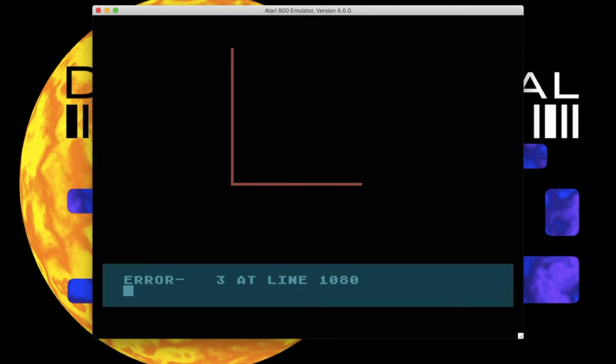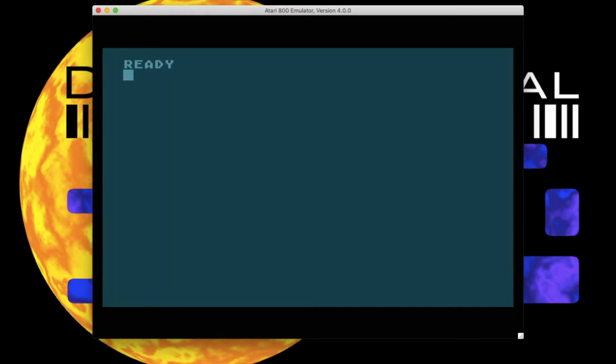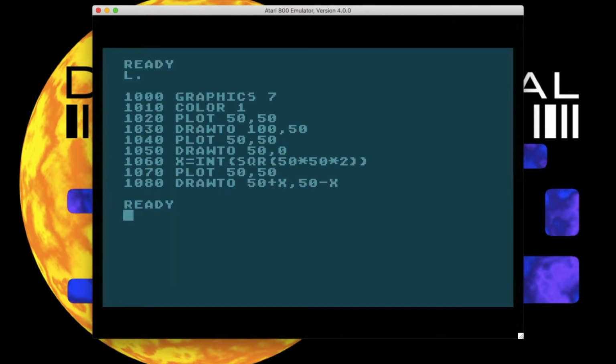Error at line 180. Didn't like that. We did 100 that way and 100 vertically, or 50 vertically. Let's print X instead. See what we're doing. See if we're getting a ridiculous number.